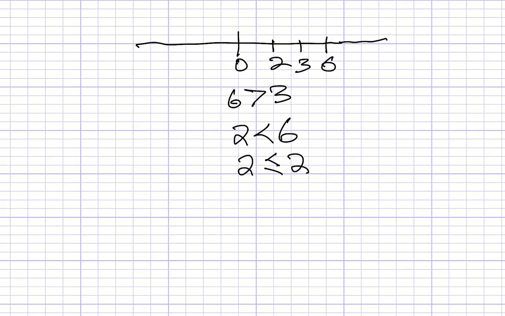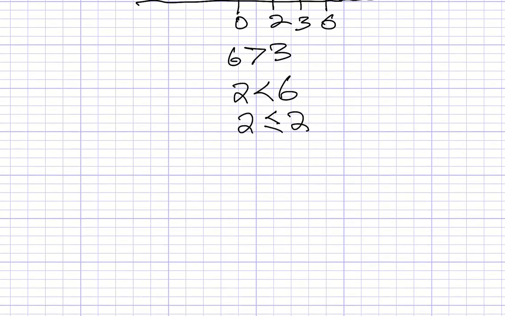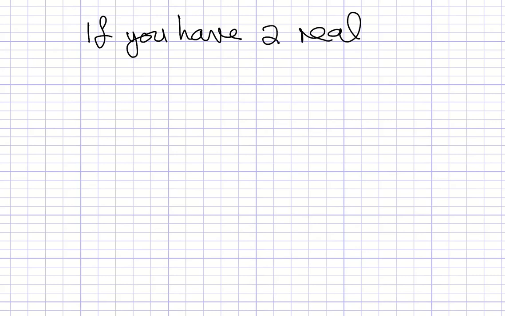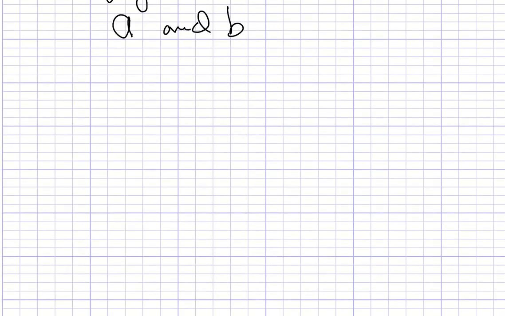So this property means that if you have 2 real numbers, let's say A and B are real numbers, then one of the following has to be true.